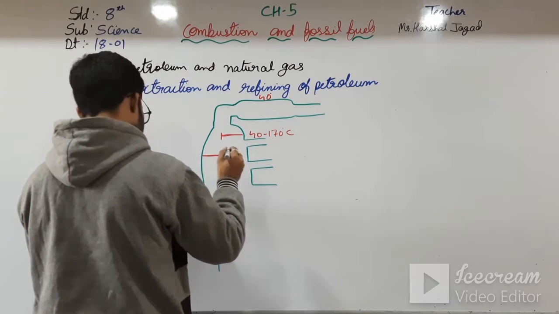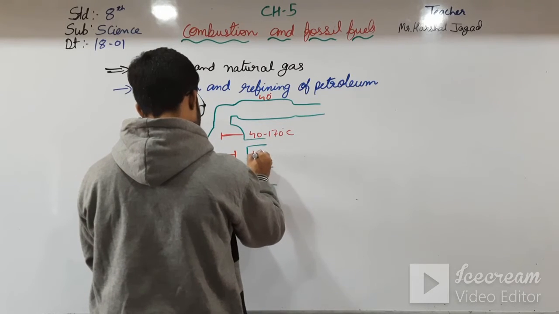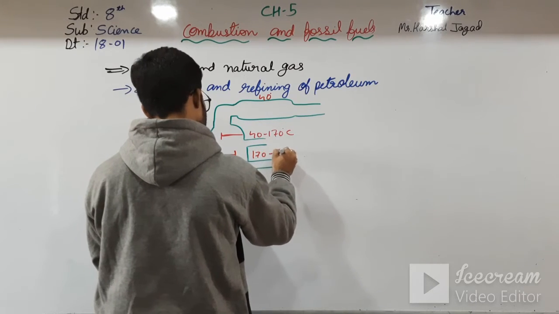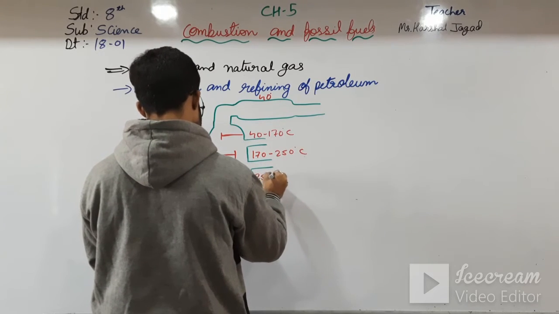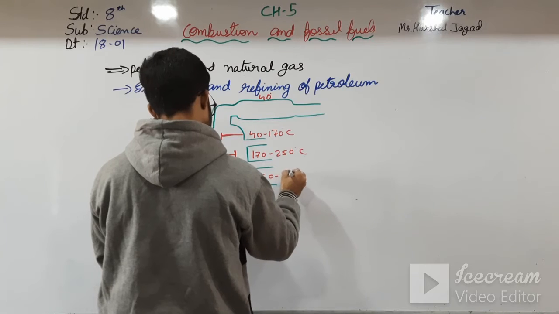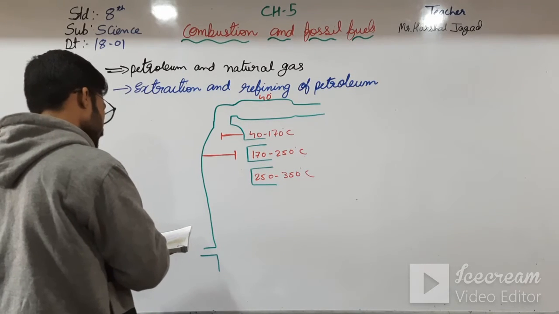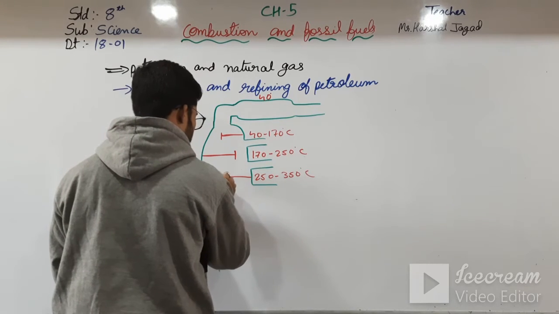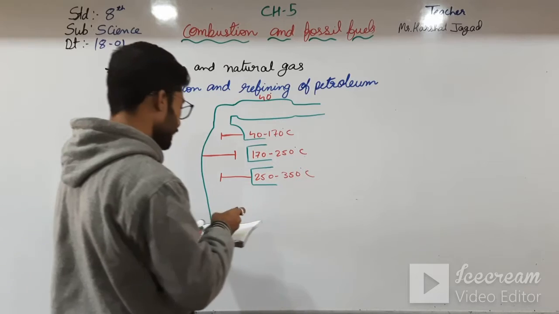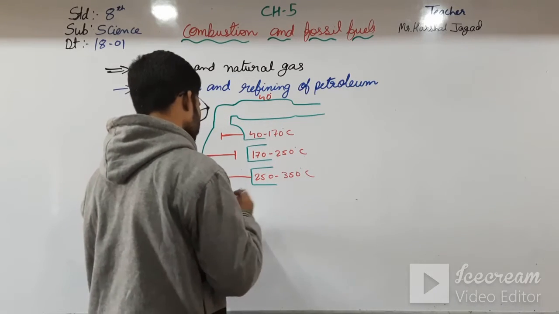Here it is about 170 to 250 degrees Celsius, and here it is 250 to 350 degrees Celsius, and from here there is another one. The structures in between are known as trays, okay, students.